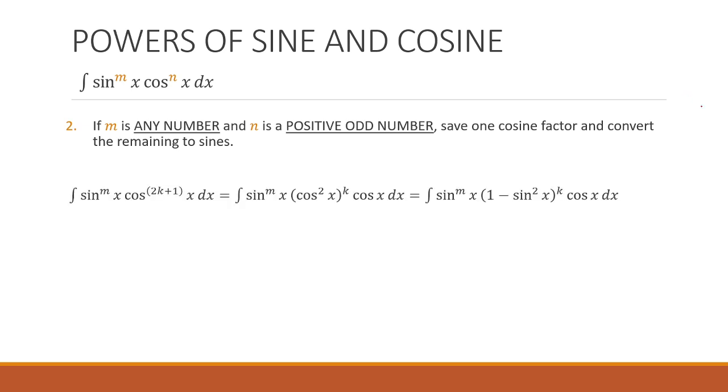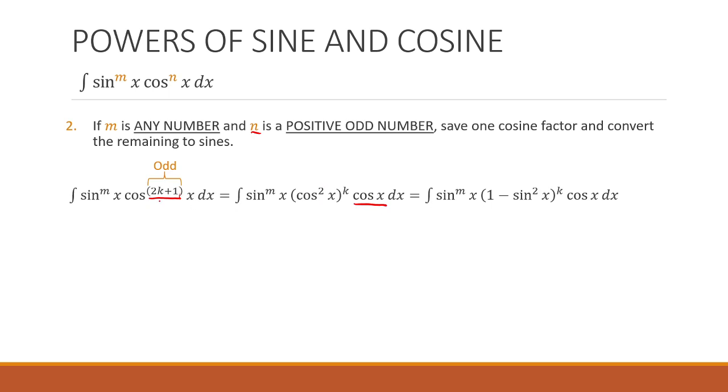Again, this 2k plus 1, initially n, emphasizes that it's an odd number. So you take out one cosine factor. From cosine raised to 2k plus 1, isolate one cosine x.